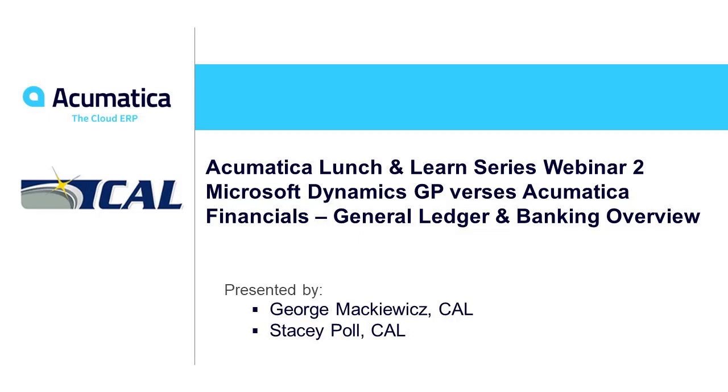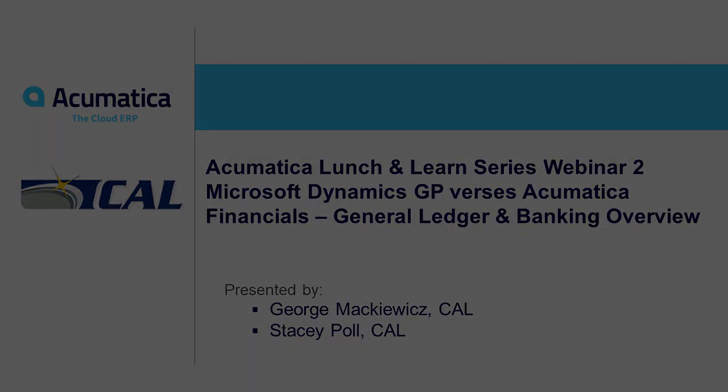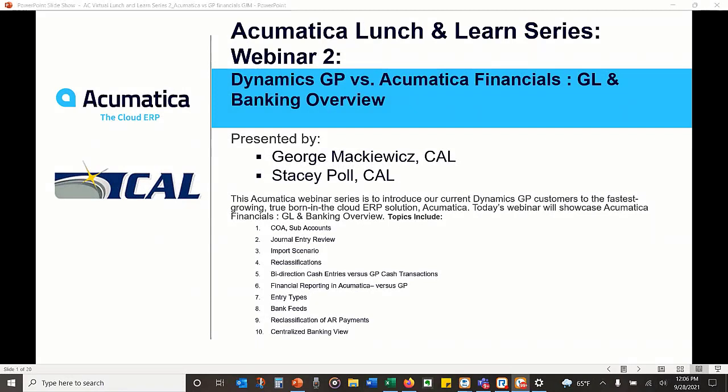Today's focus is going to be really geared towards the financial module itself and a little bit of banking, but we're really going to focus on general ledger, chart of accounts, journal entries.